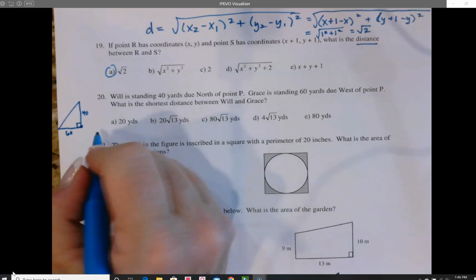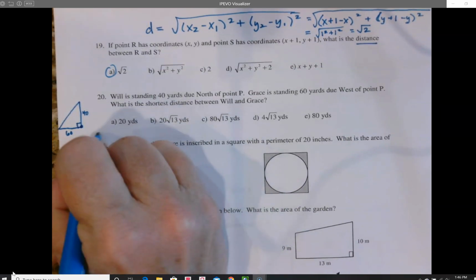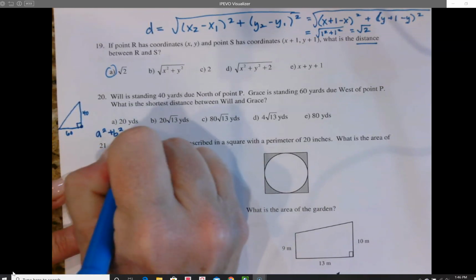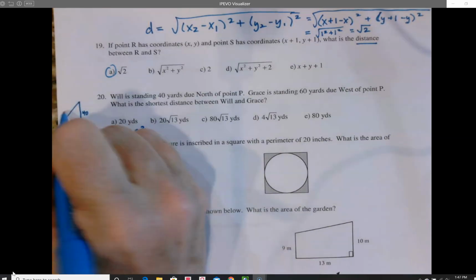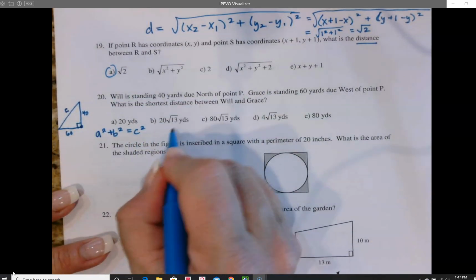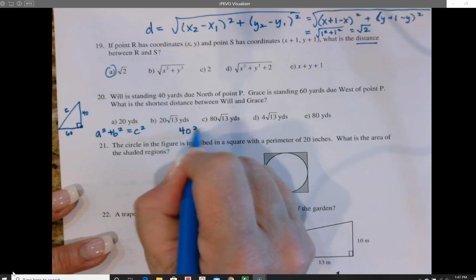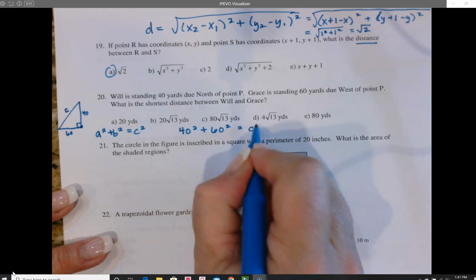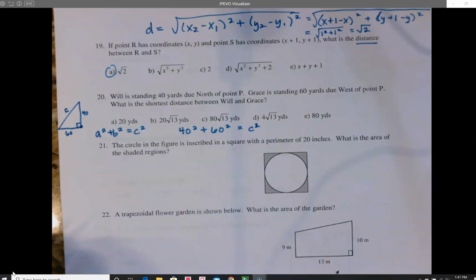So I am going to set up my Pythagorean theorem, which I can use any time I have a right triangle and I'm looking for a missing length. So I'm going to go a squared plus b squared equals c squared. So 40 squared is 1600 and 60 squared is 3600.